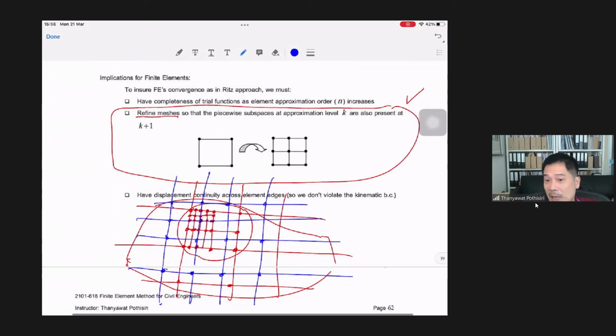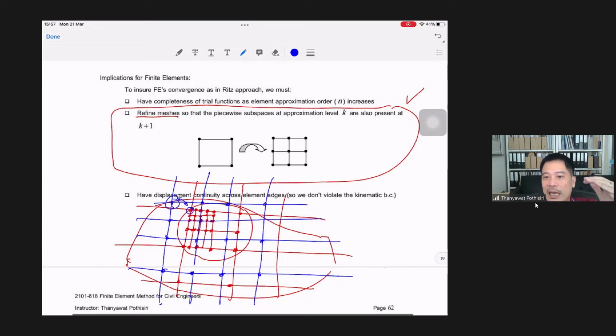So if you compare the blue lines and the red lines, you will see that there are possibilities that the nodes here and here don't match. The place where you used to have nodes in the previous step may no longer be your nodes in the new step. So you are creating an entirely different set of degrees of freedom at different locations.